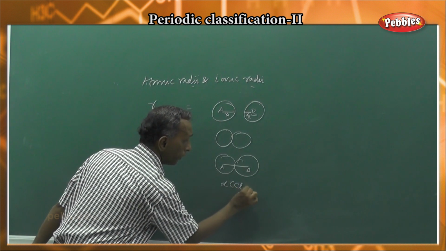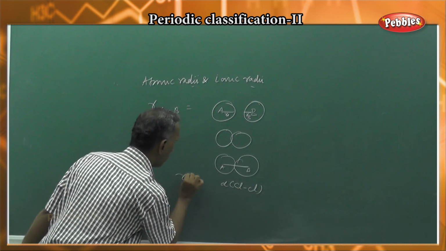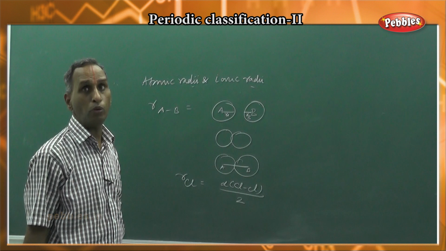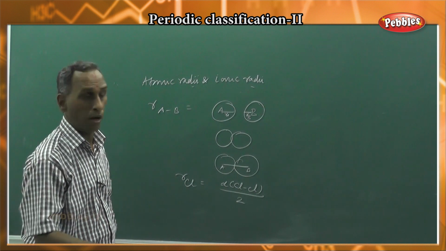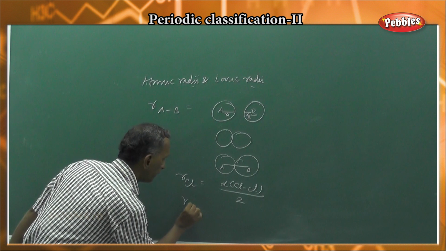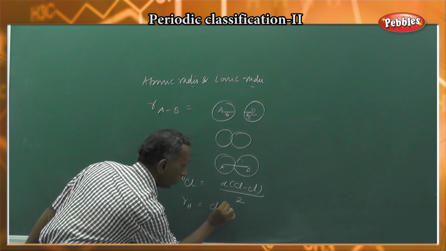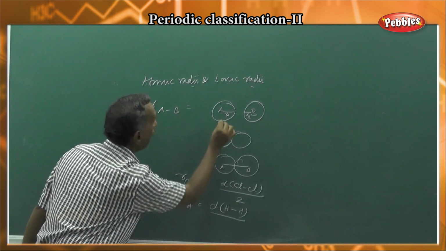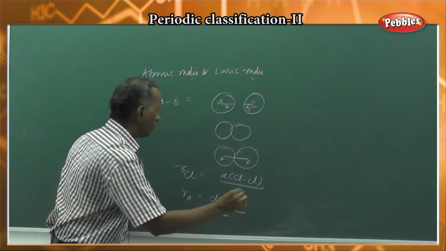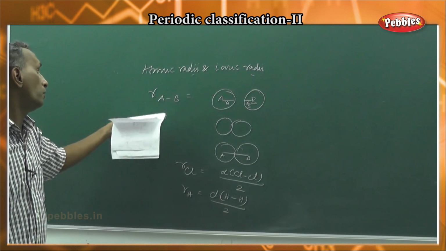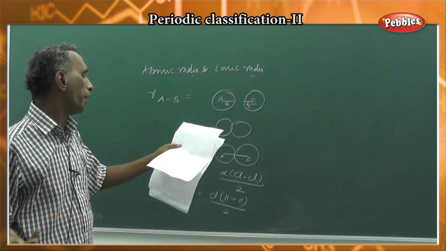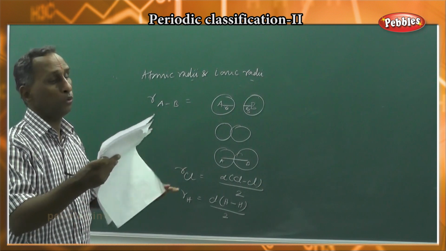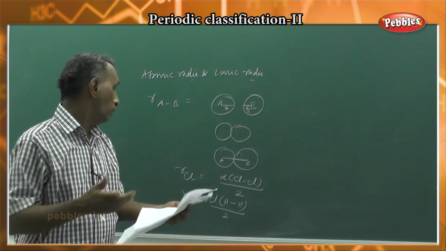For example, for the chlorine atom, the radius of the chlorine atom is defined as half of the distance between the two chlorine nuclei or chlorine atoms. Similarly, the radius of a hydrogen atom is half of the distance between the atoms of hydrogen. In general, for a homonuclear or heteronuclear molecule, half of the distance between the nuclei of two atoms is given by atomic radii.